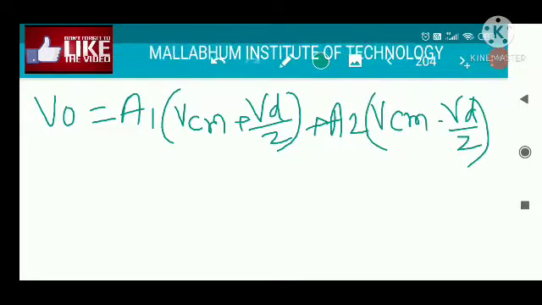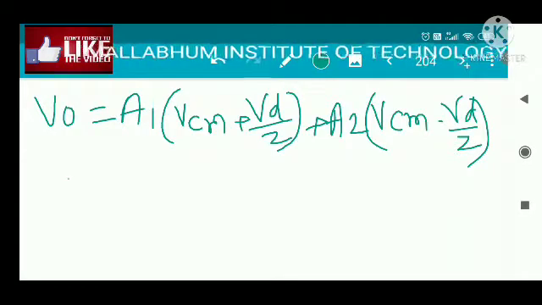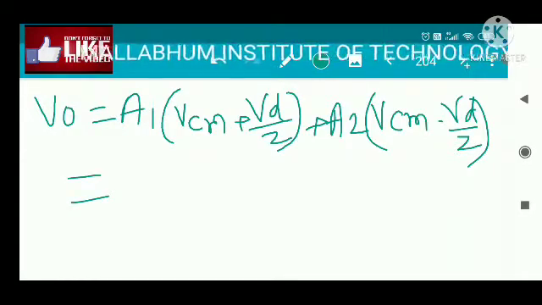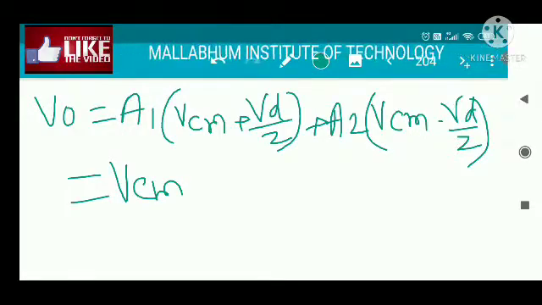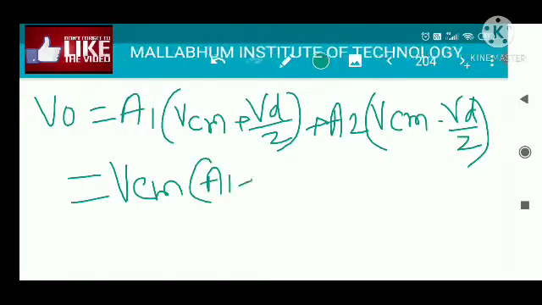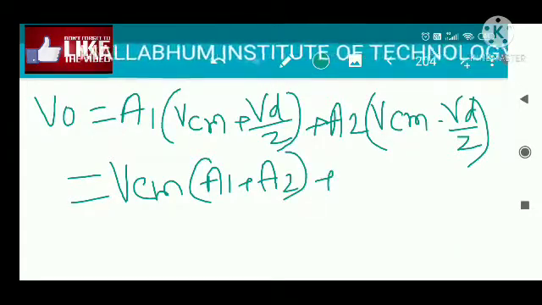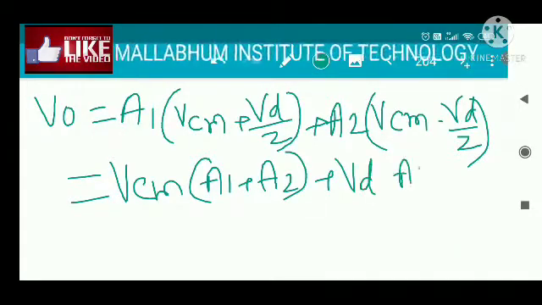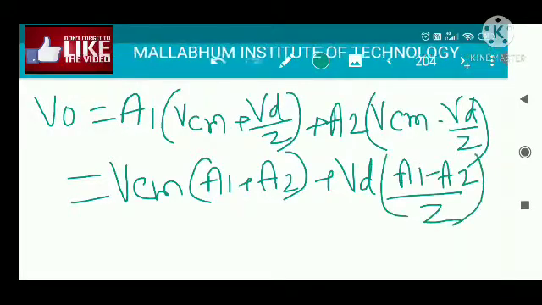So this is the expression, and if we just rearrange this equation, this is VCM times (A1 plus A2) plus VD times (A1 minus A2) divided by 2.